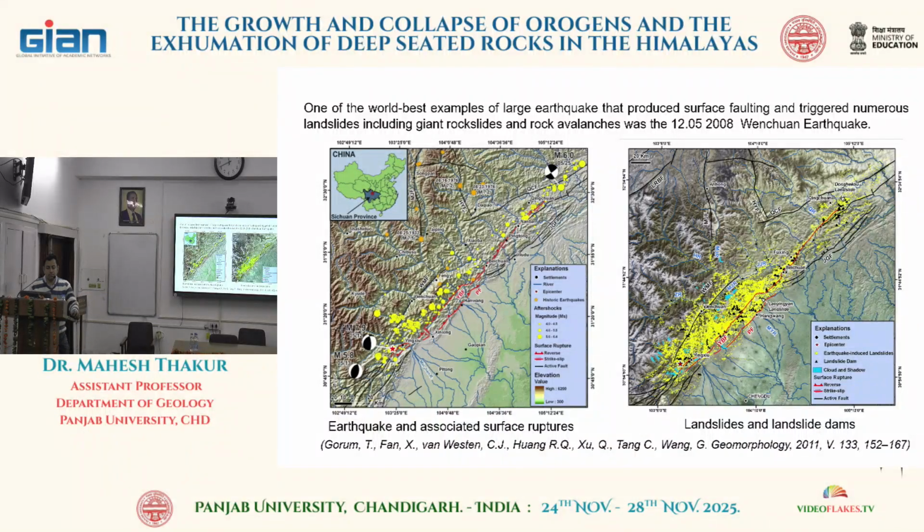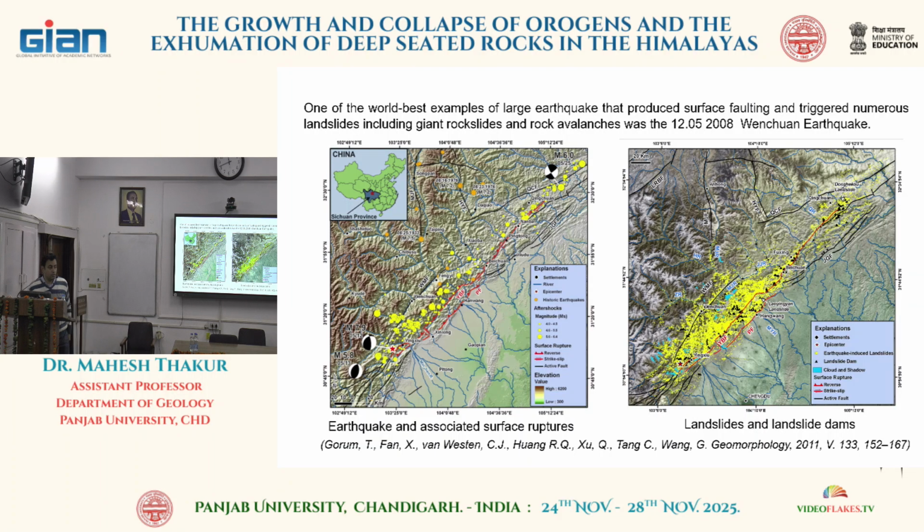This is one of the best examples of a large earthquake that produced surface faulting and triggered numerous landslides, including giant rock slides and rock avalanches. And this was the 2008 Wenchuan earthquake. So you can see in this diagram that this is the fault rupture, and these are the landslides, the earthquake-induced landslides.